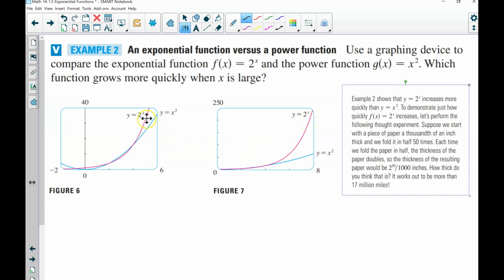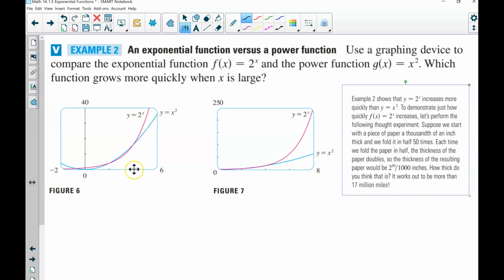Both functions in figure 6 are graphed using a window from negative 2 to 6 and 0 to 40. We see the graphs intersect 1, 2, and then 3 times. But when x is greater than 4, the graph of y equals 2 to the x is above the graph of y equals x squared.